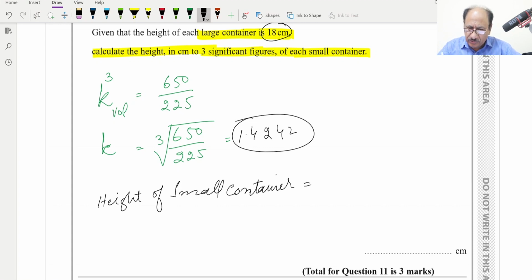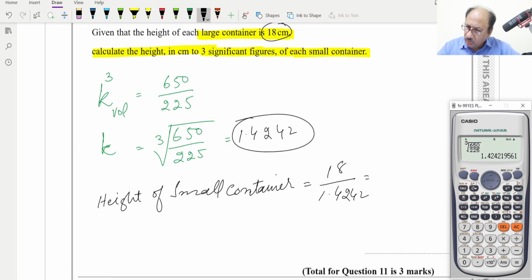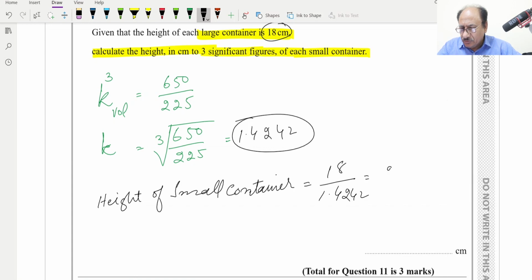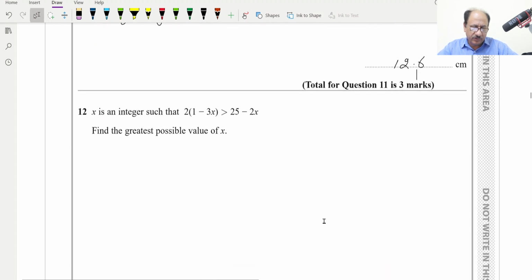Small container is equal to 18 divided by 1.4242, and I will use all these numbers on the calculator. So I will write 18 divided by answer is equal to 12.64 or 12.638, which is approximately equal to 3 significant figures, so it will be 12.6. So answer will be 12.6 because we have to provide three significant figures.